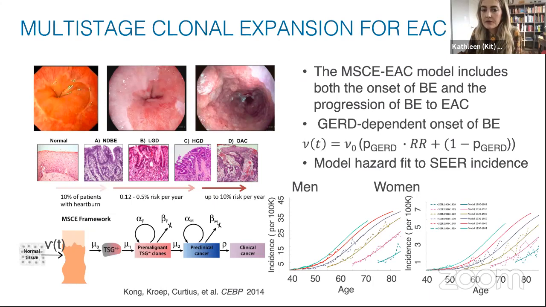And what specific parameters are changing there? The biggest difference is in this pre-malignant growth phase. The clones grow much slower in women, is what we learned from the incidence curves. And that dynamic emerges from the fit? Yes. Nice. Okay, thanks.